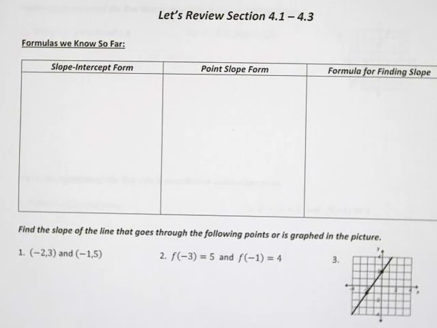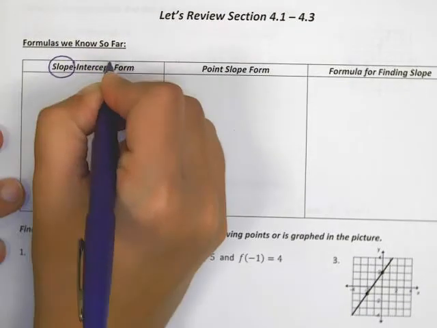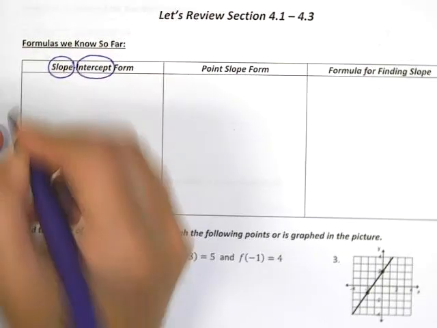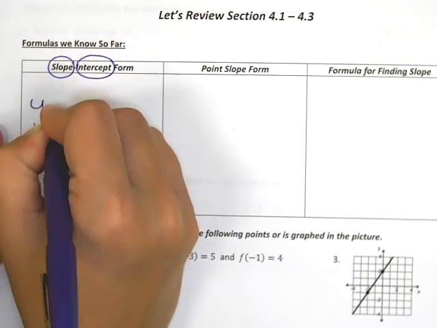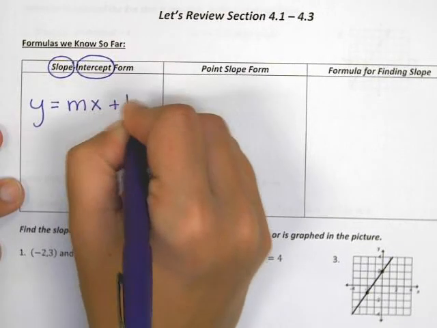And here are some formulas that we know so far in this chapter. The first formula we know is what's called slope-intercept form. And slope-intercept form looks like this: y equals mx plus b.